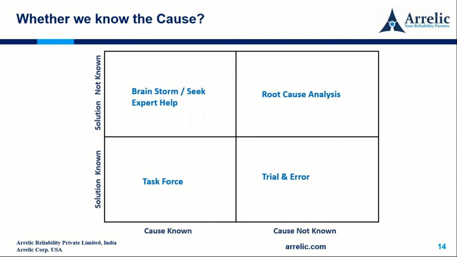So if you have a situation of solution not known, cause known, you need to brainstorm and seek expert help. But if you have solution known and cause known, you immediately go into a task force to fix the problem. When the cause is not known and the solution is not known, you need to do root cause analysis. When the solution is known, but the cause is not known, it's a matter of trial and error.